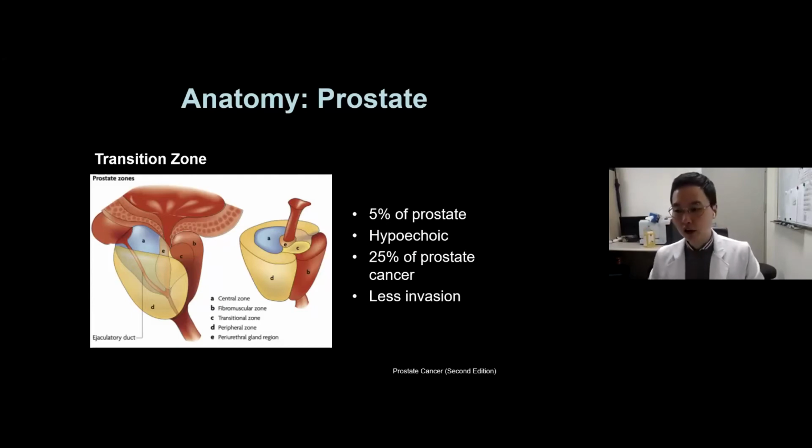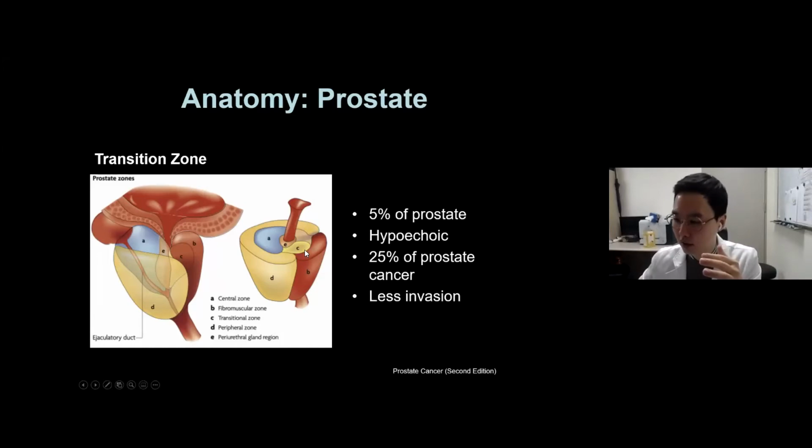But however, cancer from this transitional zone shows much less capsular penetration or other adjacent organ invasion, because it is on the inside and there are boundaries of the fibromuscular zone and also the peripheral zone.